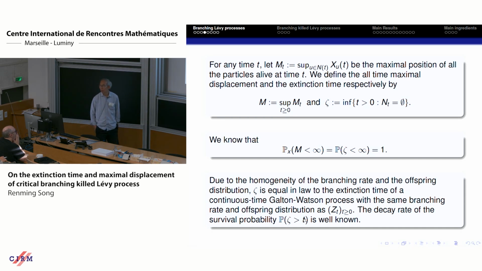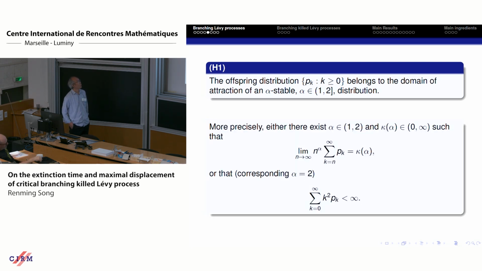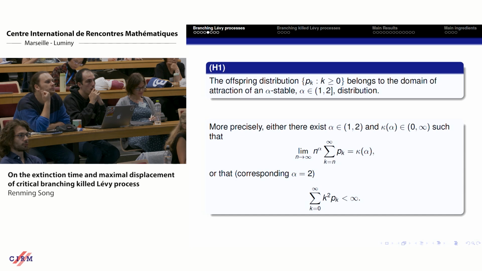But just for the sake of completeness, let me recall what it is. Under the assumption that the offspring distribution belongs to the domain of attraction of an alpha-stable distribution, or more precisely, there is an alpha strictly between 1 and 2 and a constant kappa alpha positive such that that limit is equal to kappa alpha.